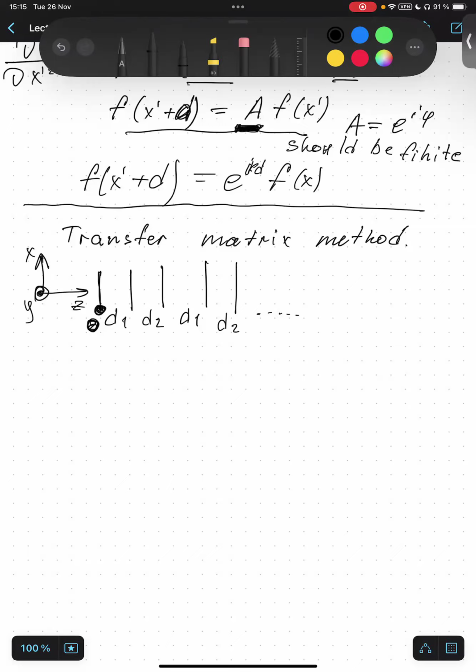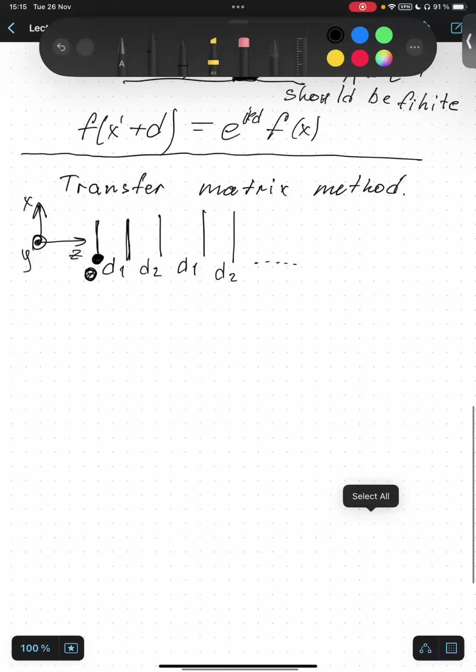We put here 0, and we can find the fields at d1 through the solutions at the 0 point. But this is only possible for components that are continuous on the boundaries.